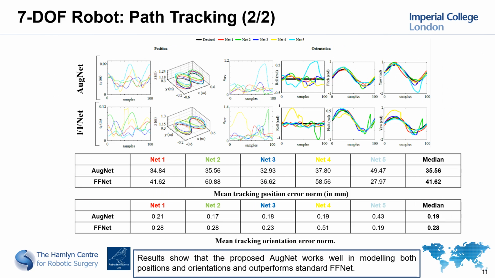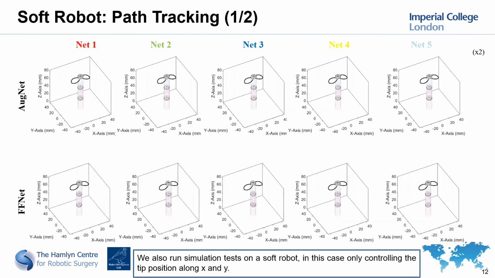Our results show that our proposed AugNet works well in modeling both position and orientation, and adding this differential relationship during training helps improve model learning and also control compared to a standard feed-forward network. We also tested on the soft robot, again on this infinity path, and in this case too our network performs better than the standard feed-forward network, especially in case 4.